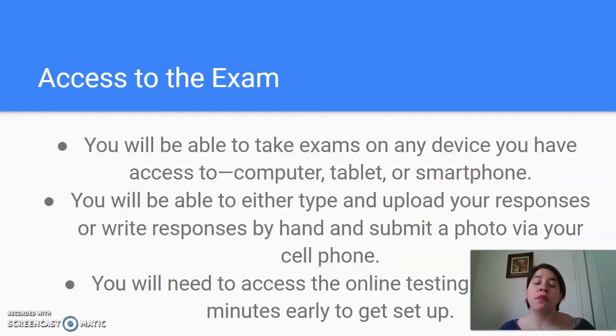But AP is making sure that they make it accessible to all those different devices. And there are different ways in which you can do it. You can either type or upload your responses, or write your responses by hand and submit a photo via cell phone. So again, if you have a smartphone and you can't type it on a computer or a laptop, then you could always write out your responses and submit via cell phone.